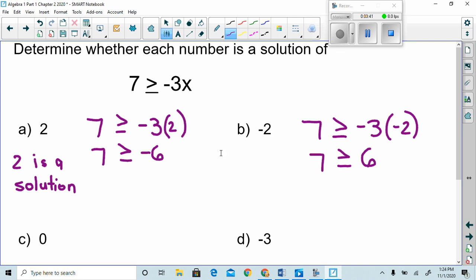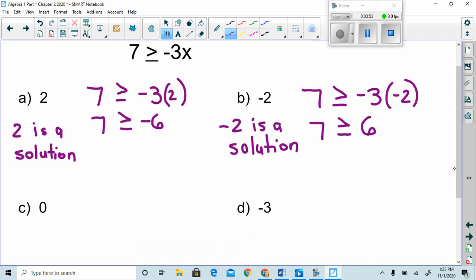Once again, a true statement. -2 is a solution. Using the same inequality for a third time, let's replace x with 0. 7 is greater than or equal to -3 times 0. Is 7 greater than or equal to 0? The answer once again is yes. 0 is a solution.